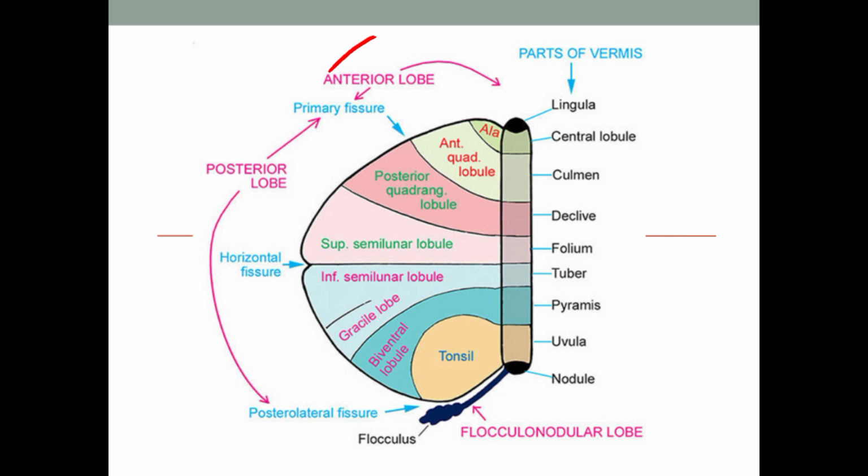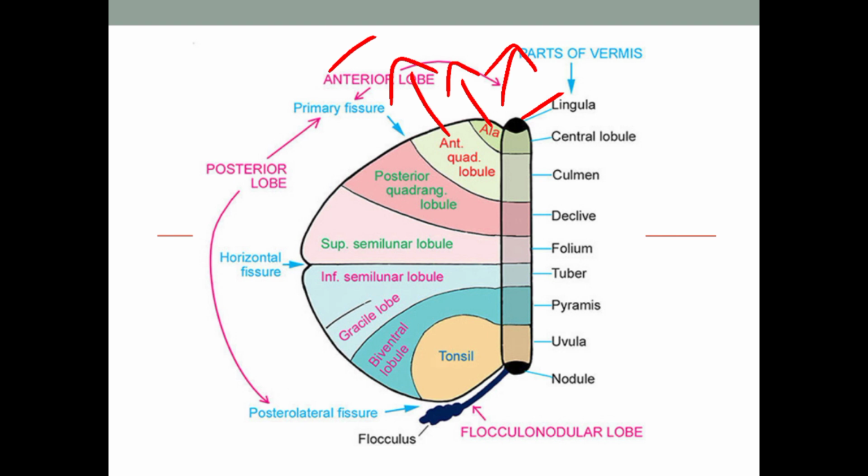Okay, the same thing if you look at the lateral part of the hemisphere. In the lateral part of the hemisphere, the lingula does not have any lateral part, so you can write no lateral projection. Whereas the central lobule corresponds to the ala, and the culmen corresponds to the quadrangular lobule.